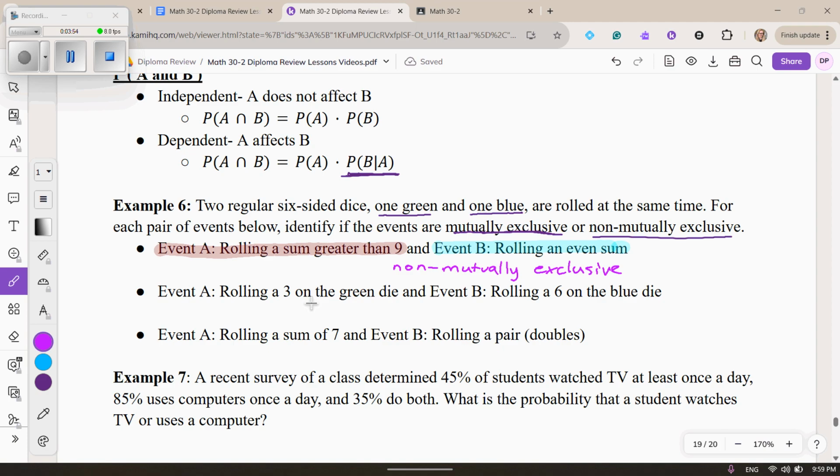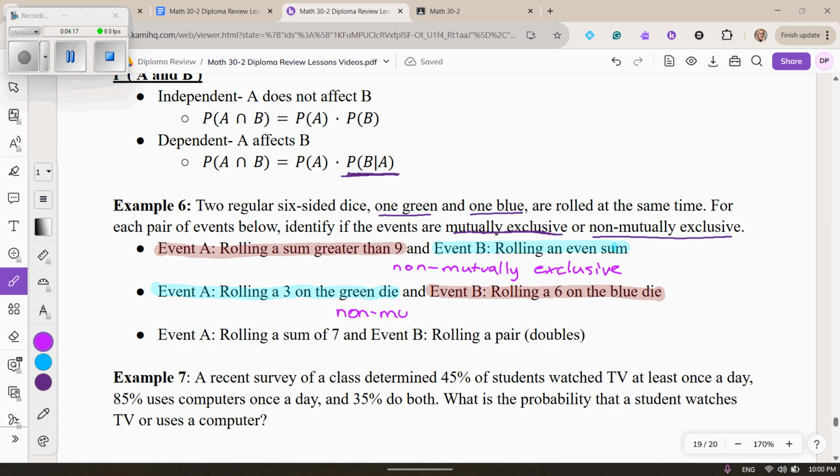Okay, the next example says we're rolling a 3 on the green die and rolling a 6 on the blue die. Could you do those in the same trial? Yes, you could roll a 3 on the green die and a blue 6. So once again, these are non-mutually exclusive.